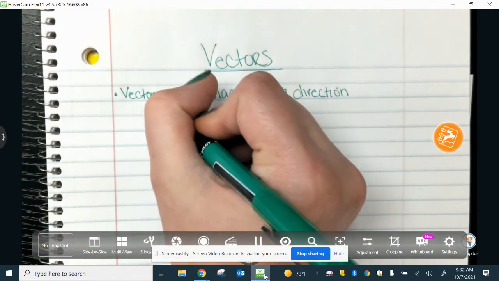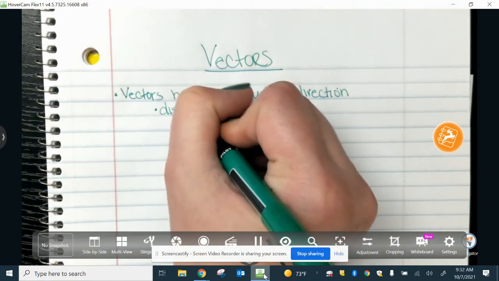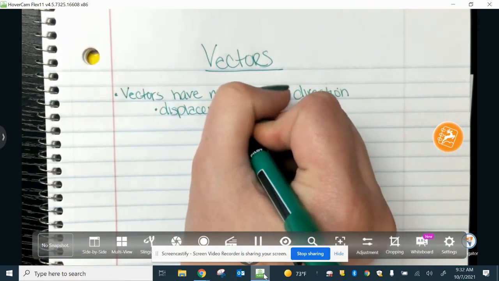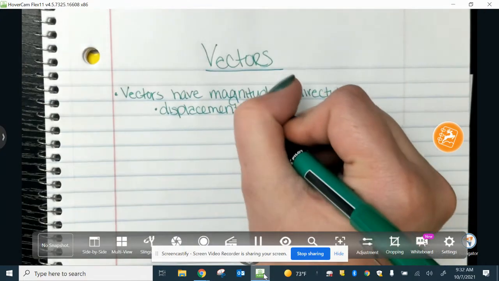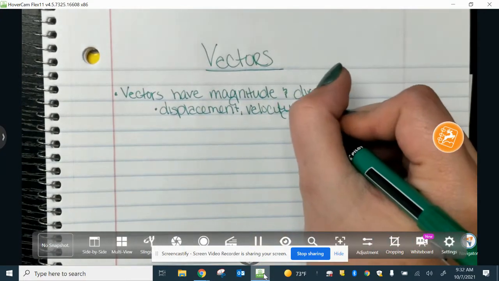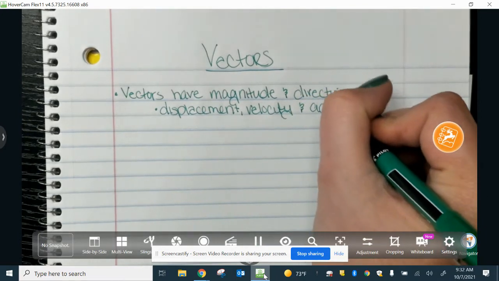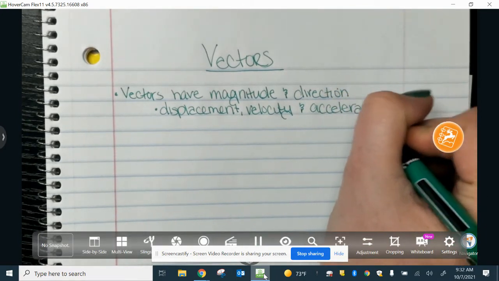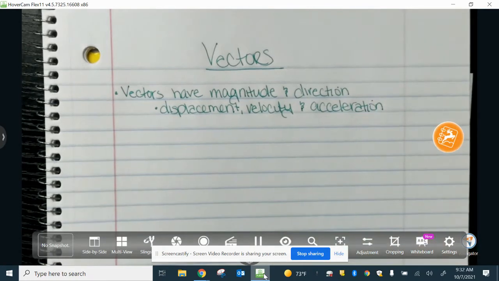We've seen this as far as displacement, velocity, and acceleration.